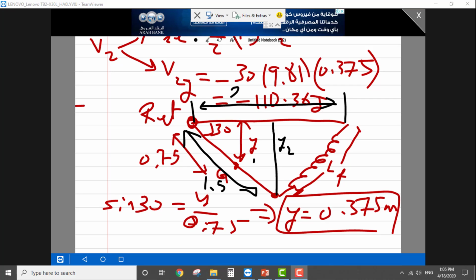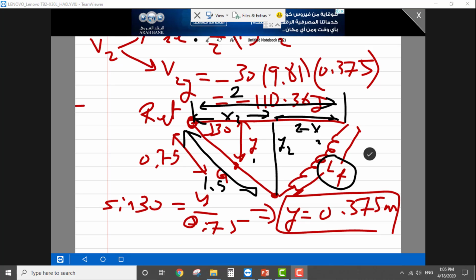Also I can name this distance x2, so this distance represents 2 minus x2. If I figure out x2 and y2, I can easily find L final.